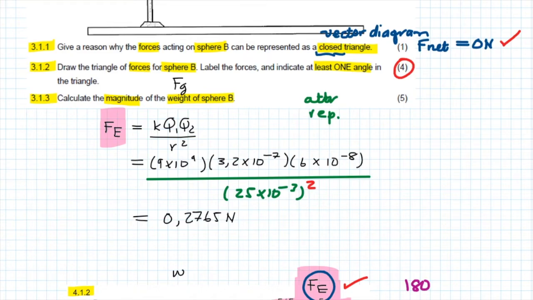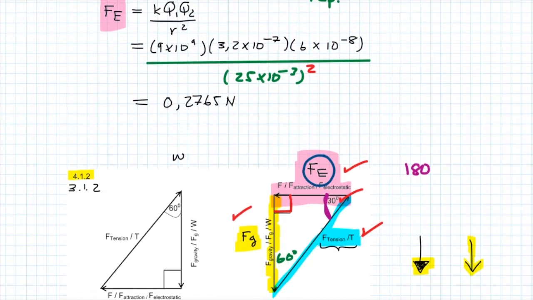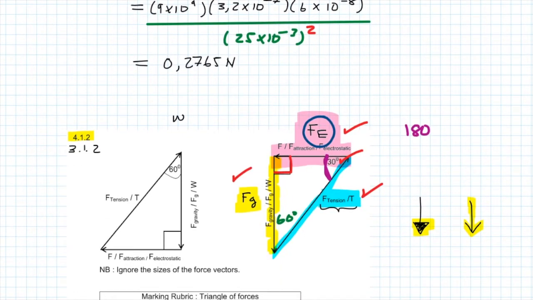Do not round off this answer to 2 decimal places because this is not the final answer. All that we now have is the magnitude of the electrostatic force, which is 0.2765.